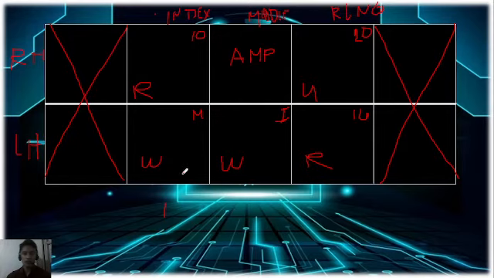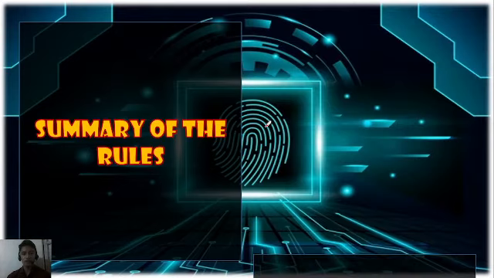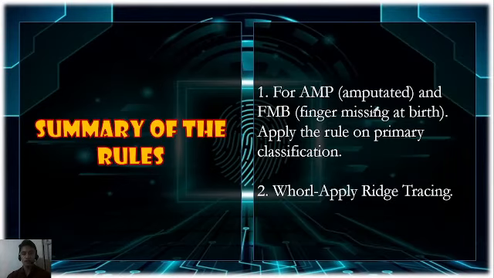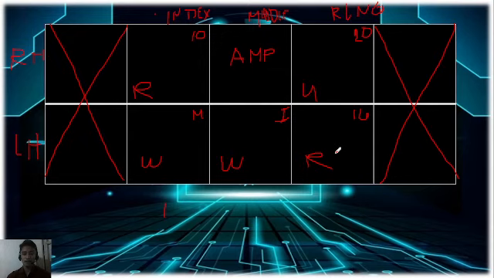So ngayon, we are going to look for the subsecondary classification. This time, ang problema, merong amputated finger. So balikan natin yung rule. Sabi dyan, for the amputated finger or finger missing at birth, apply the rule on primary classification, same as the rule na ginamit natin sa primary classification. So balikan natin yung rule na to or the application.